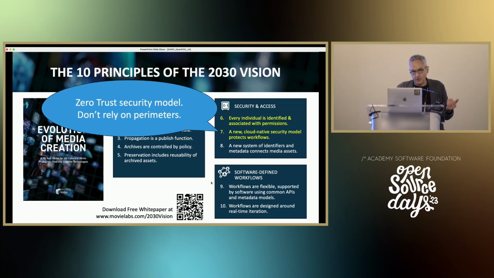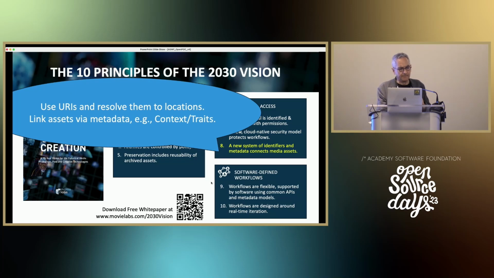The security aspects of the cloud, I think, are very different than traditional perimeter security, and I'll talk a little bit about that towards the end. We are also strong believers in separating out asset location and file names from metadata, and actually referencing assets by identifiers as opposed to by their locations, which can change, and there may be multiple of those.